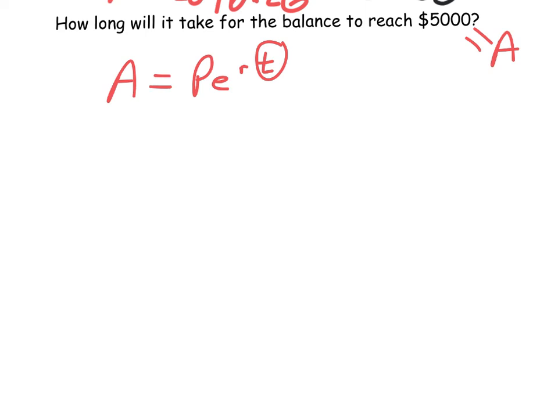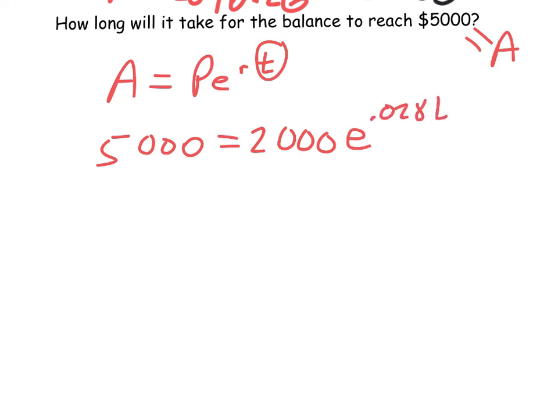Well, 2,000 to 5,000. So 5,000 is A, your final amount. That's what you want to get to. 2,000 e to the rt. Well, my rate was 0.028 as a decimal times t. So once again, got to do a little work here. Here's my base. Here's my exponent, right?